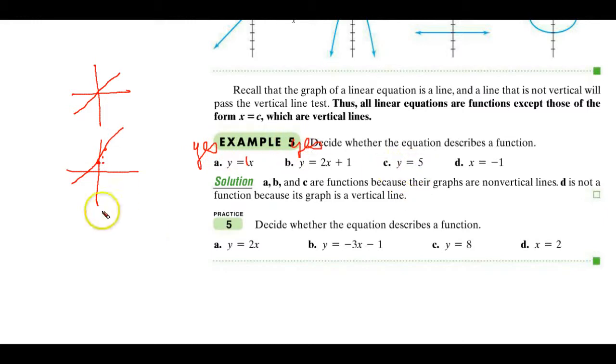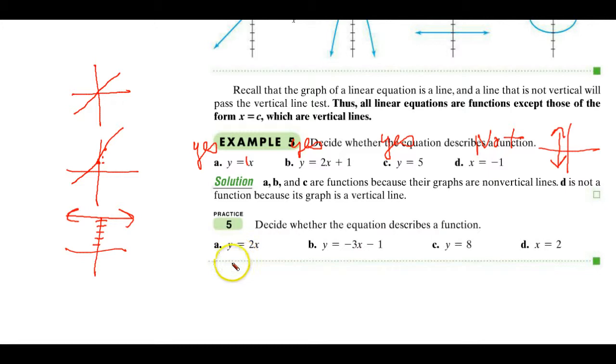Now this is the graph of a horizontal line going through 5, and we said that is a function also. Now here, this is a graph of a vertical line going through -1, and all vertical lines are not a function.